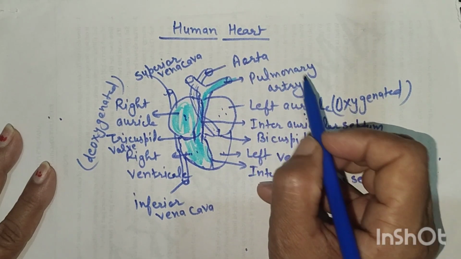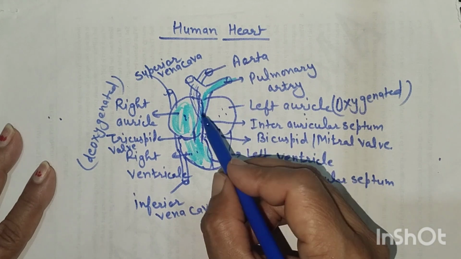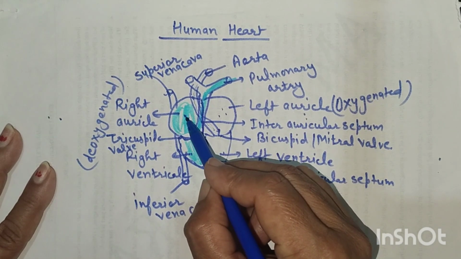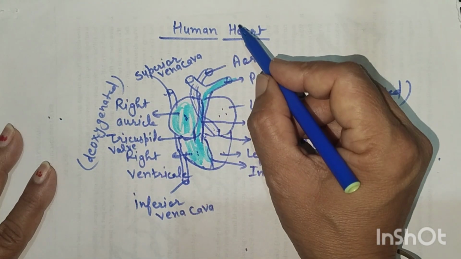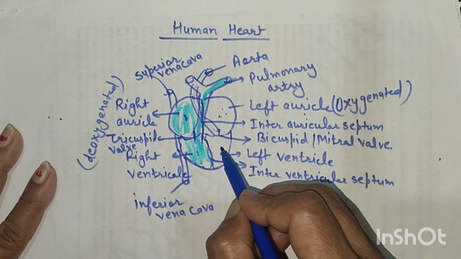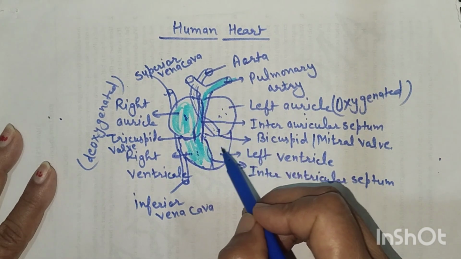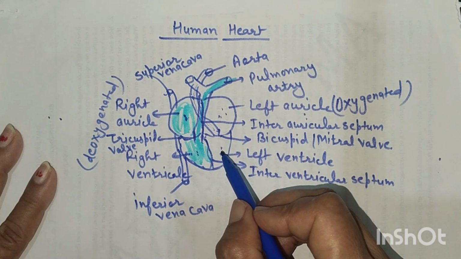Through this aorta, the purified or oxygenated blood is sent to the whole body. In this process, blood enters the heart two times: first into the right auricle and right ventricle, then to the lungs, and then back to the left auricle and left ventricle. In this total process, blood circulates through the heart two times.